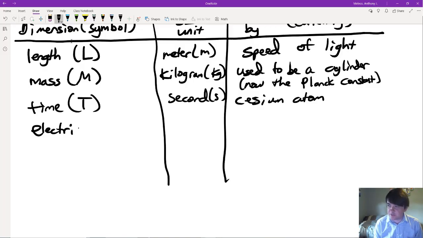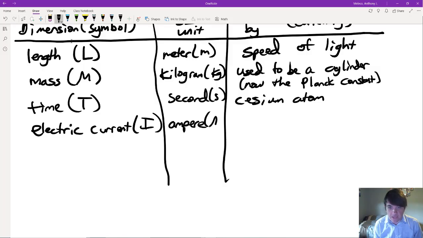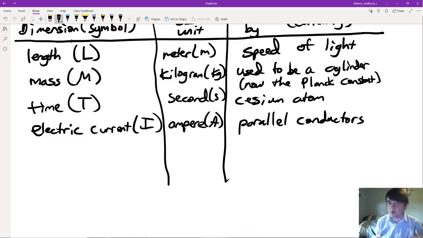If you go on into Physics 2, you'll use this next dimension, which is electric current with the symbol I. The unit for this is the ampere, big A. And this is actually defined in terms of parallel conductors. Essentially, current is just the flow of electrons, and how much of these electrons flow at a certain rate between two conductors that are a certain amount apart defines what the ampere is.